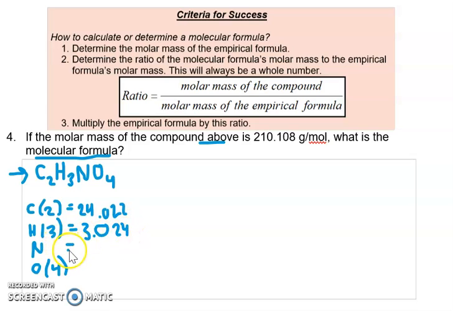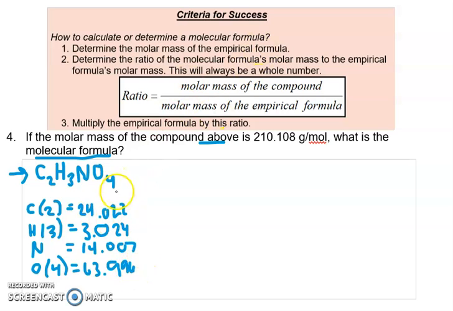The mass of nitrogen, just 1, is 14.007, and oxygen is 15.999 times 4 is 63.996. So I'm almost done with this molar mass.